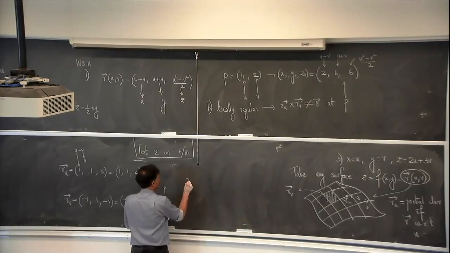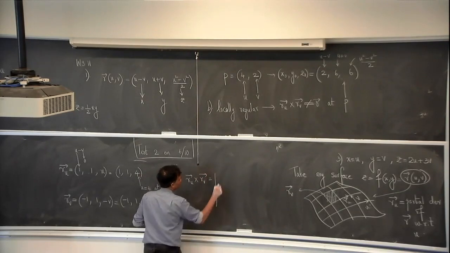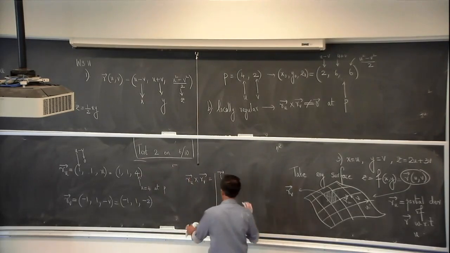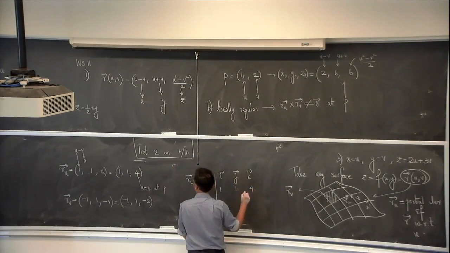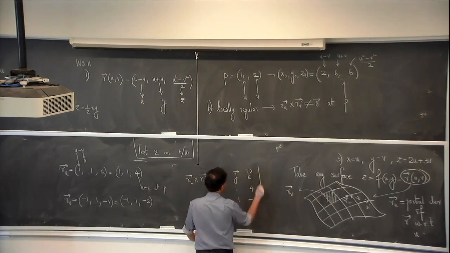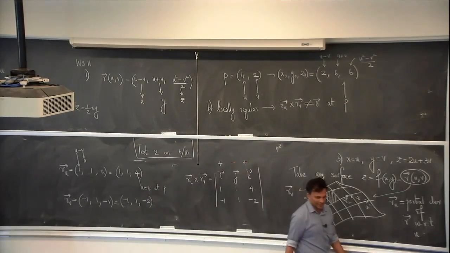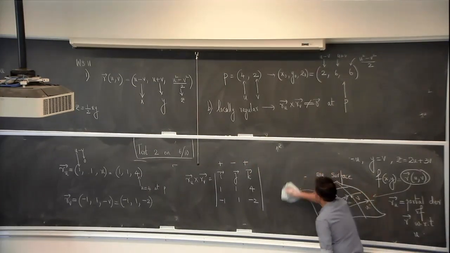So r_u cross r_v is, again, it doesn't matter whether you do r_v cross r_u or r_u cross r_v. Okay. i, j, k; 1, 1, 4; negative 1, 1, negative 2. We forgot how to do a determinant. Don't forget the positive, negative, positive sign convention.